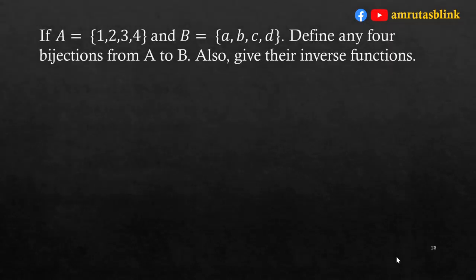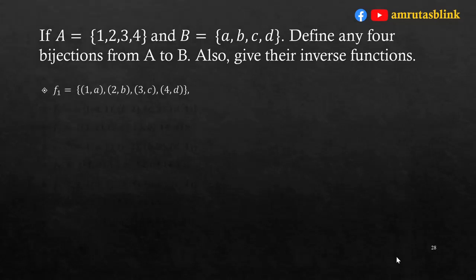If A is equal to {1, 2, 3, 4} and B is equal to {a, b, c, d}, define any 4 bijections from A to B and also give their inverse functions. Now you can have any possible combination of A and B where the function has to be one-one and onto.